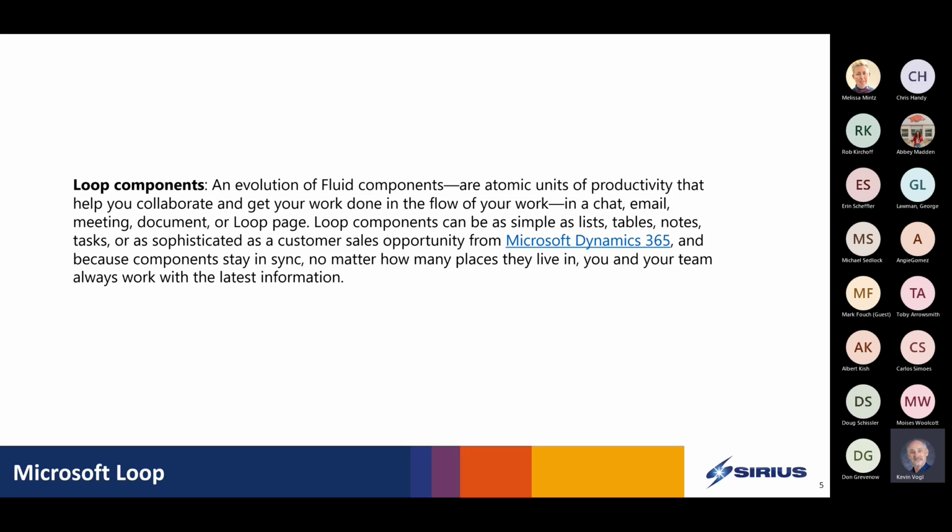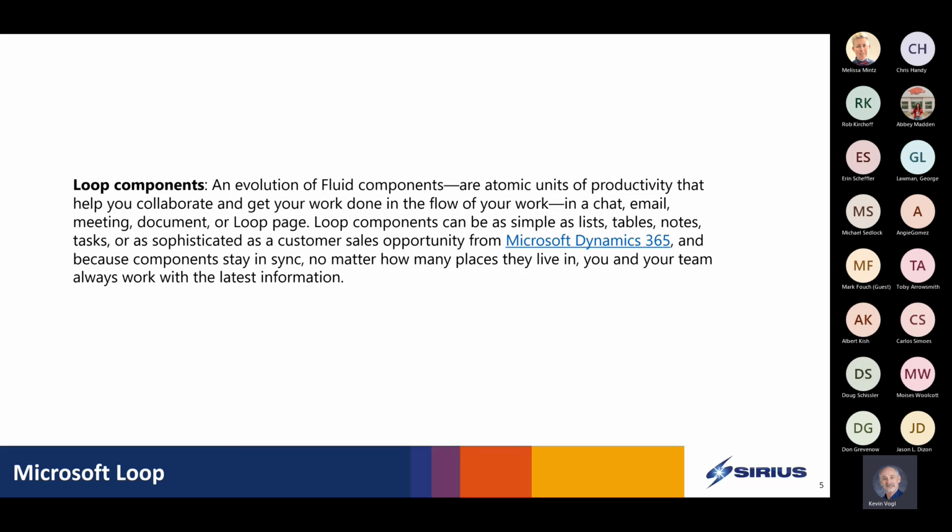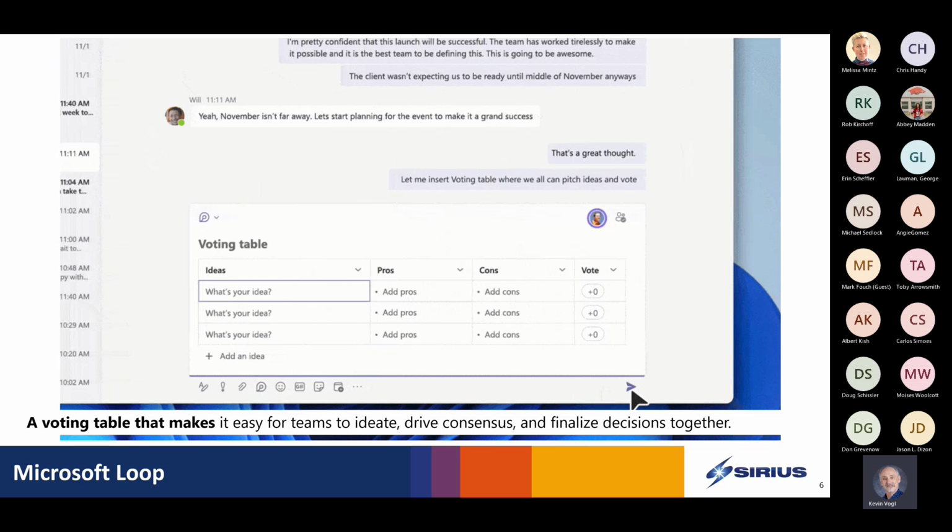So it allows you to basically loop in all of that information across, let's say, SQL, or if you have tasks built into Teams or into Planner or any of those applications. You don't have to actually enter that information in there more than once.